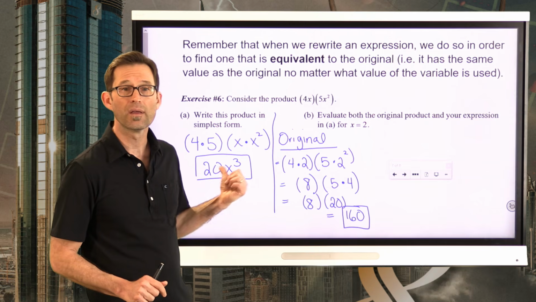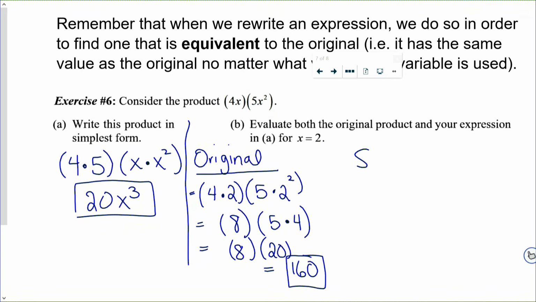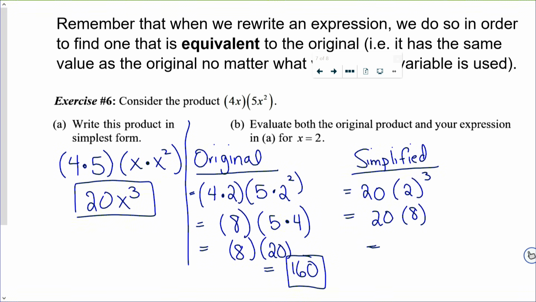Now let's do it with the simplified expression, right? So with the simplified expression, what I should have is 20 times 2 to the third. 2 to the third is 2 times 2 times 2, that's 8. And 20 times 8 is 160.